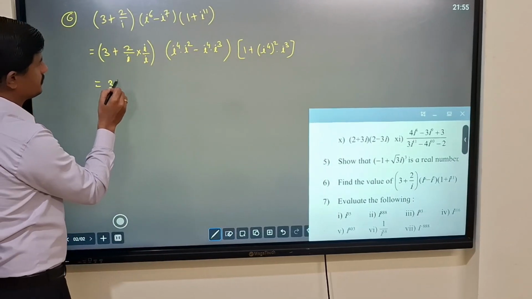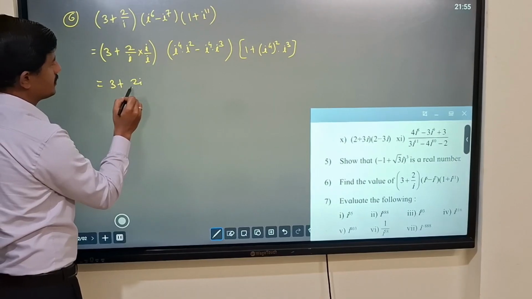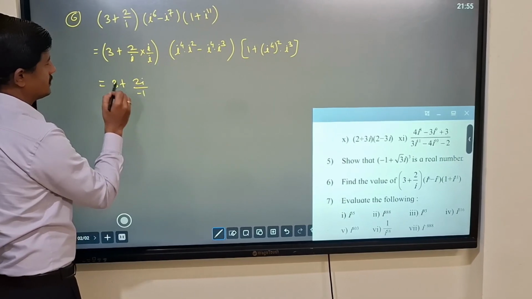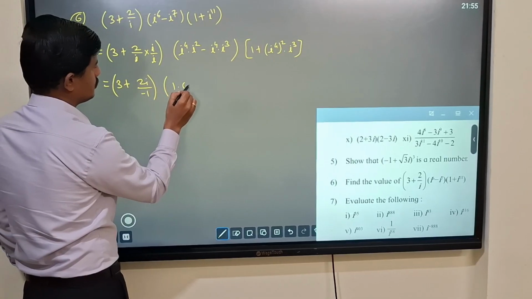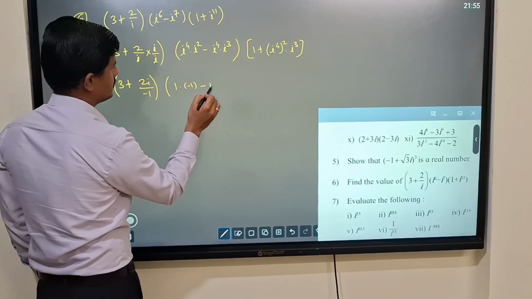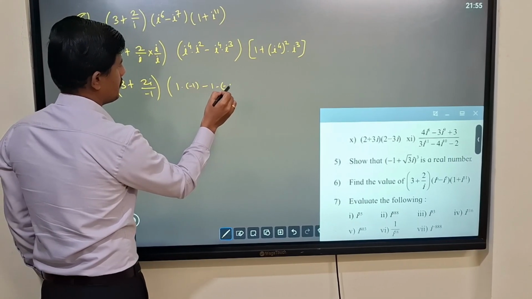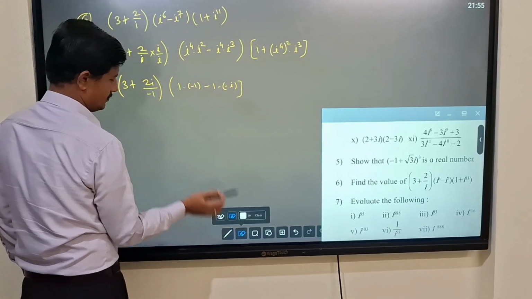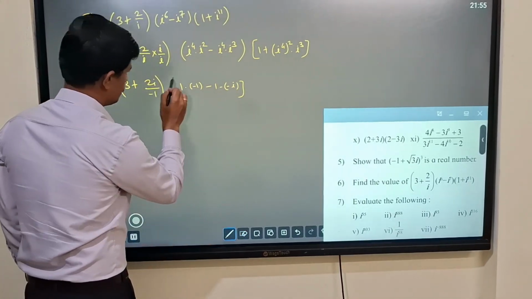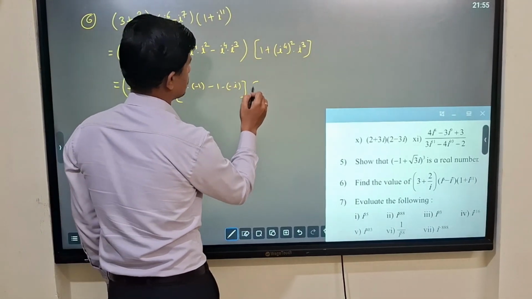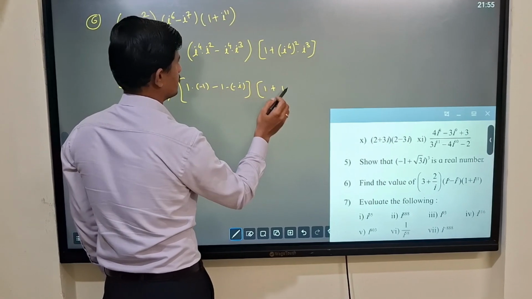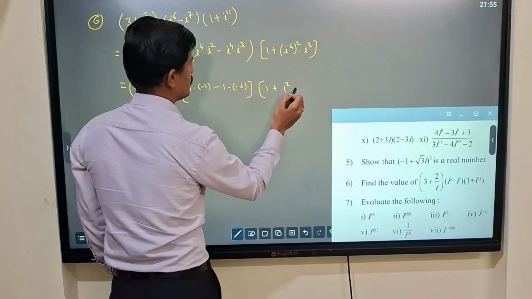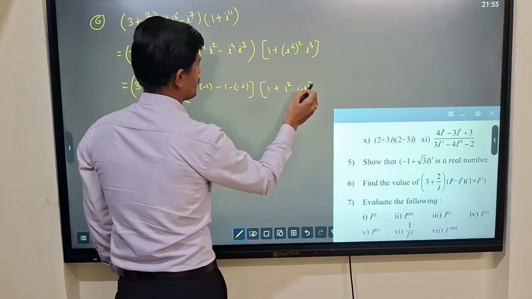So this becomes 3 plus 2i, i into i minus 1, i squared is minus 1. Here it becomes 1 into minus 1, 1 into minus i. Then here it becomes 1 plus 1, 1 squared into minus of i.